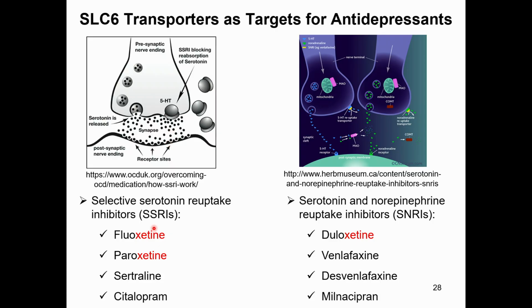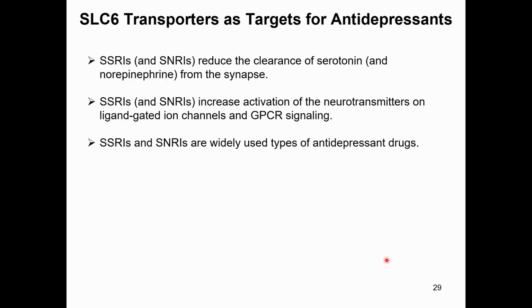So there are a whole bunch of selective serotonin reuptake inhibitors, SSRIs: fluoxetine, paroxetine, citalopram, sertraline, and many others actually. There are also some drugs that can inhibit more than one transporter, so these inhibit both serotonin and norepinephrine. And they all have different uses.